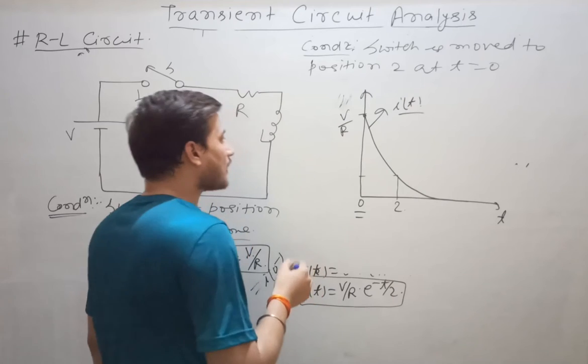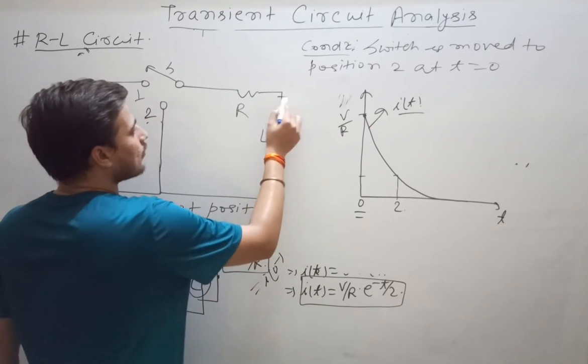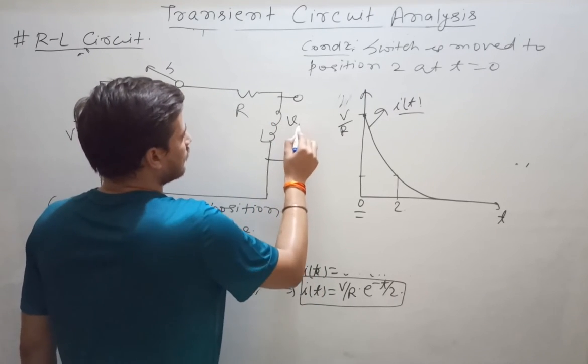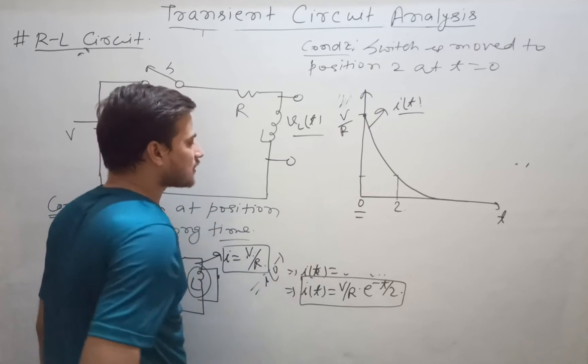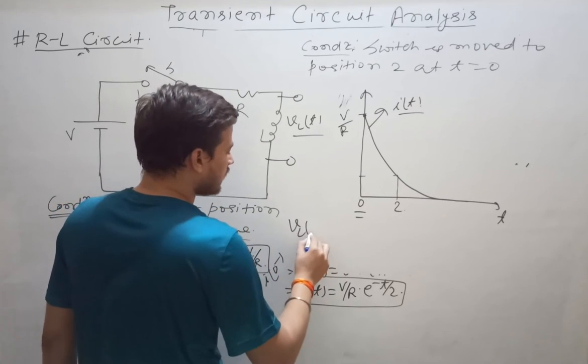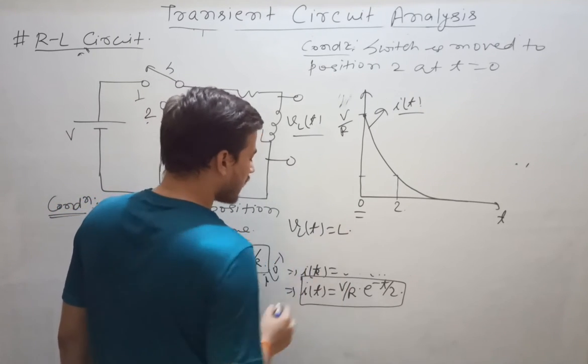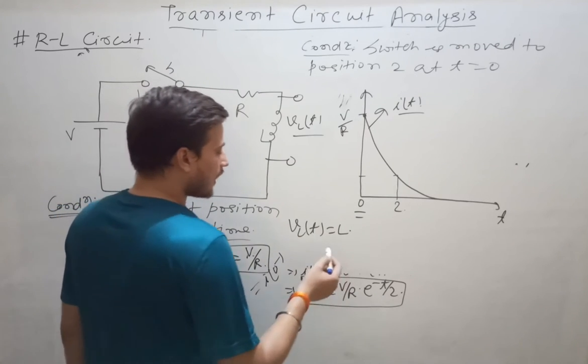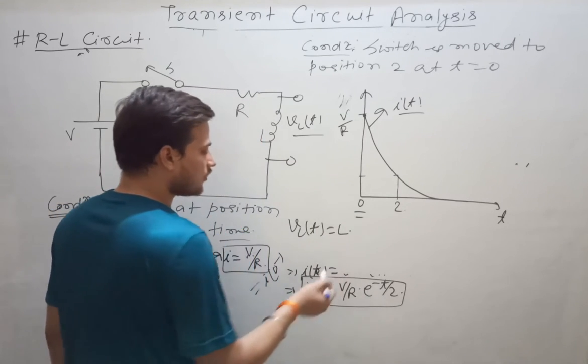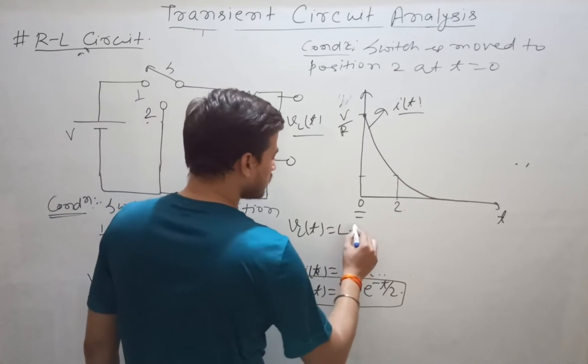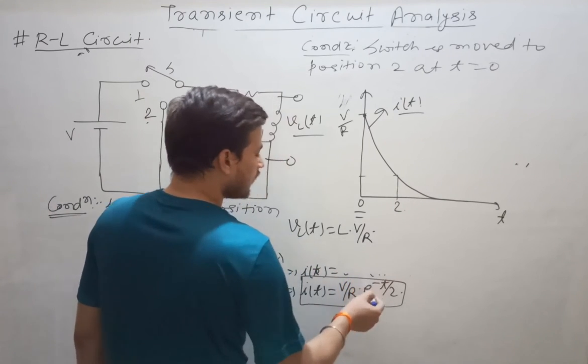Now what about voltage in this condition? If you write the expression for VLT, VLT will be equal to L into di by dt. If you differentiate this, it will be L into V by R into e to the power minus t by tau.